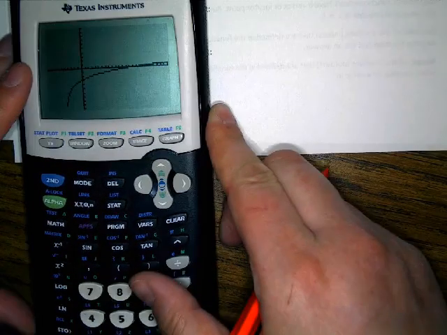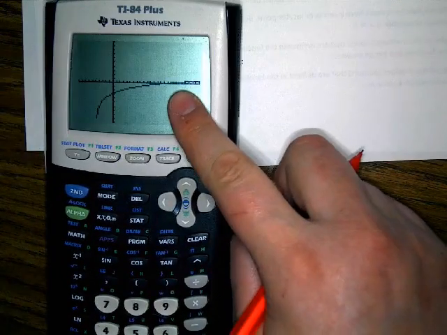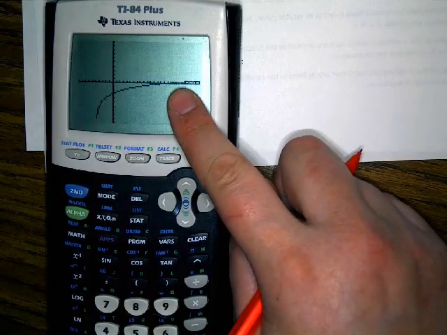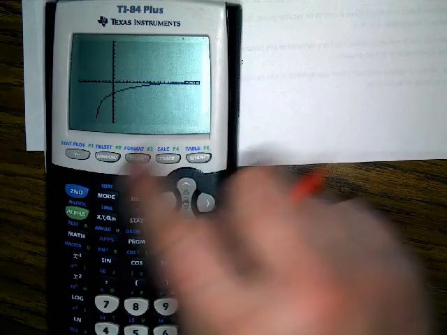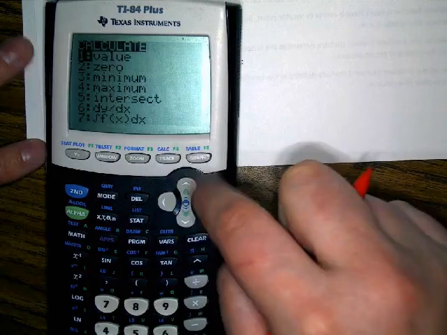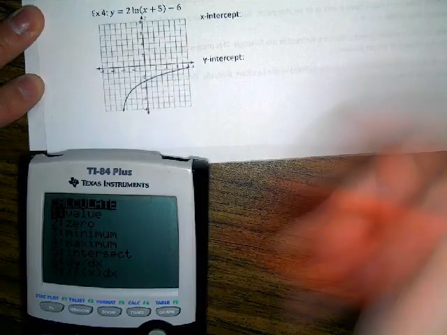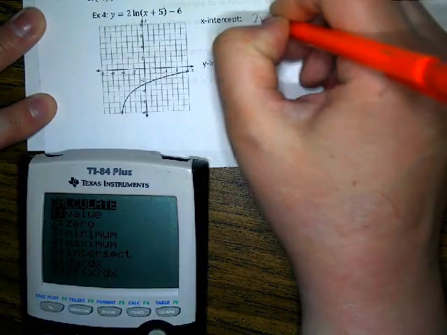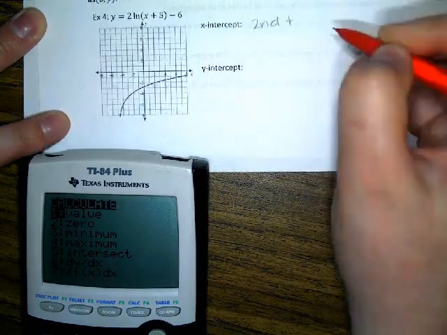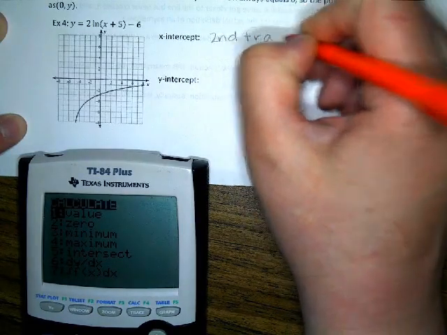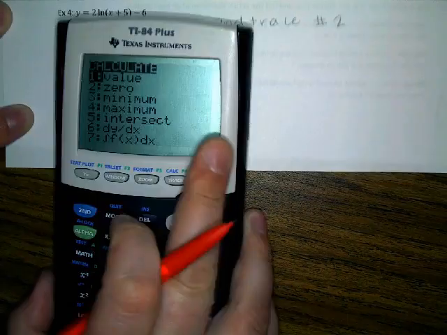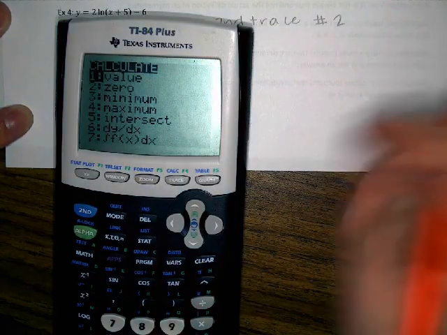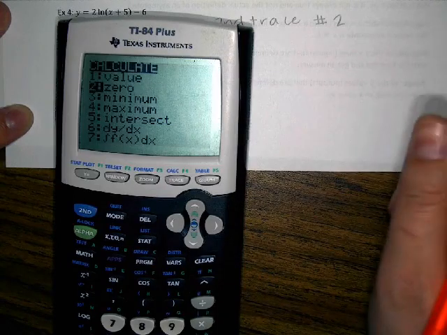Do you remember how we find the x-intercepts? Second trace, number 2. X-intercepts are called the zeros of the graph. We do second trace number 2, and then we tell the graph where to look for the answers.